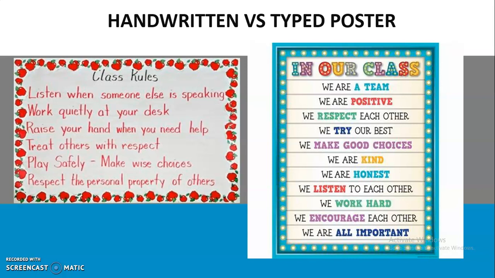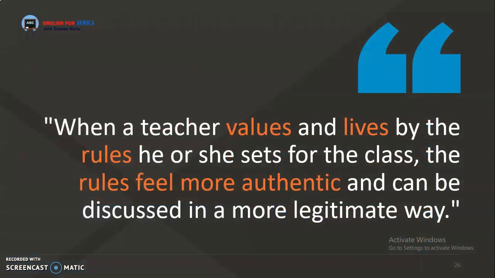In our class, we are a team, we are positive, we respect each other, we try our best, we make good choices, we are kind, we are honest, we listen to each other, we work hard, we encourage each other, we are all important. This is a lively and important way of describing your classroom rules, because it is fun and easy to grasp and it creates a sense of belonging in the classroom.